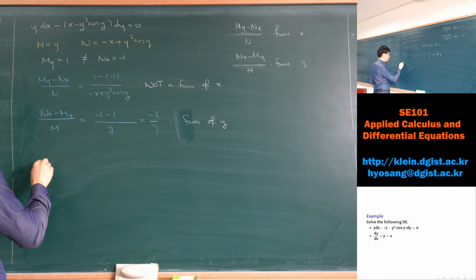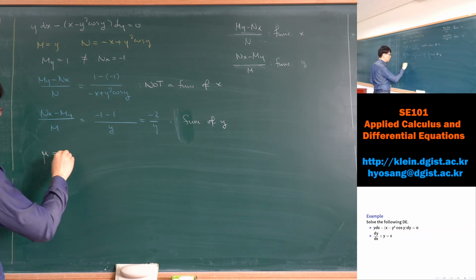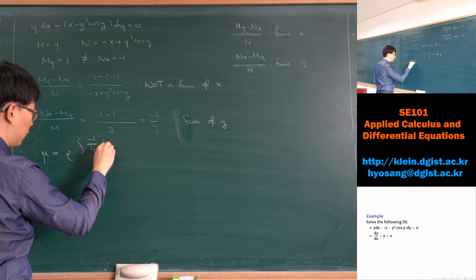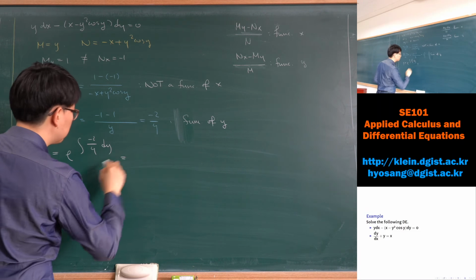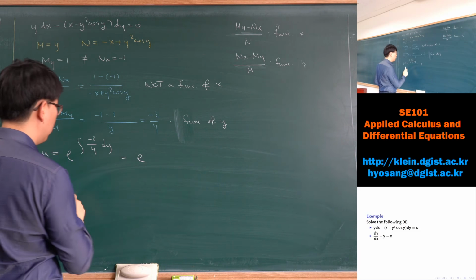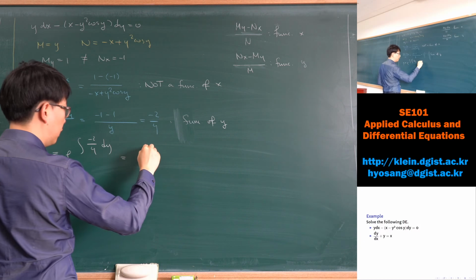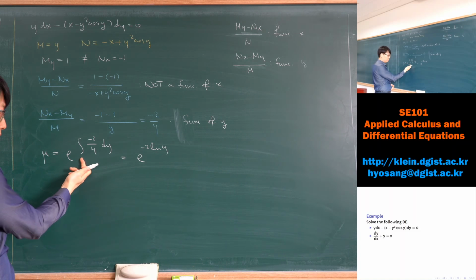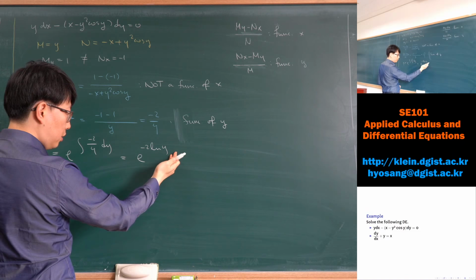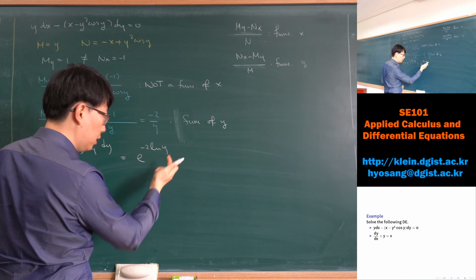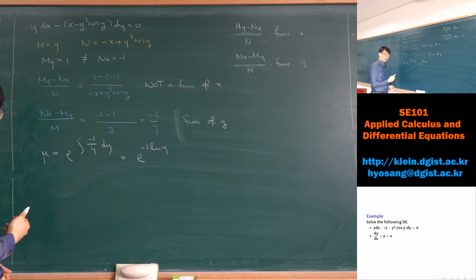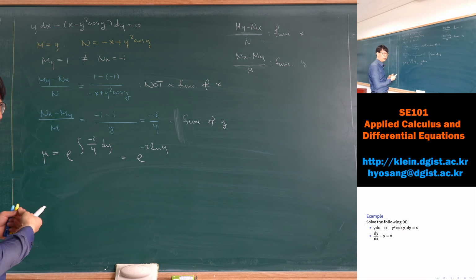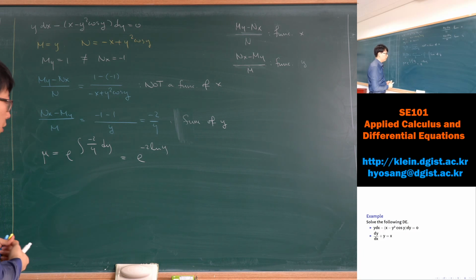So we can imagine that our integrating factor should be e to the integral of minus 2 over y dy. Let's compute here. So this is e to the negative 2 ln y. Now this is an indefinite integral, so you can imagine that you have to put the constant c in front, but we are finding a single integrating factor, not the complete family of integrating factors.